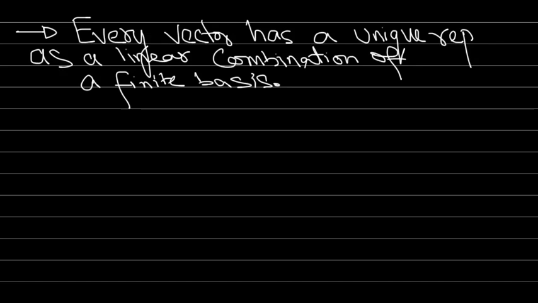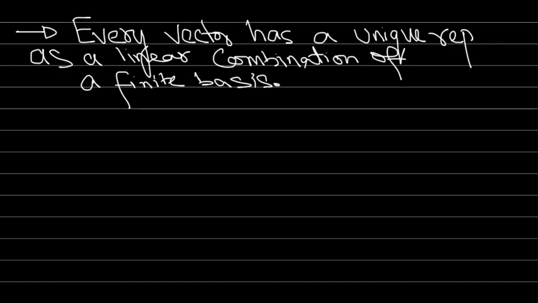Now again, this is not a definition, it is just a theorem. I keep saying definition, that's my bad, but it's a theorem based on the definition of basis that we defined at the very early stage of this video. So it says every vector has a unique representation as a linear combination of a finite basis, right?